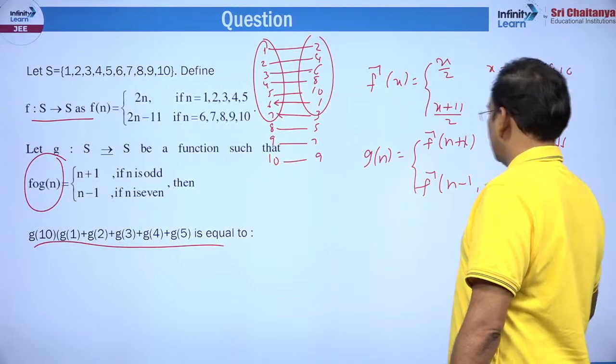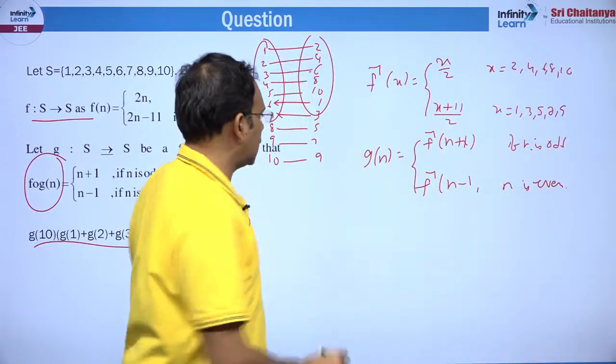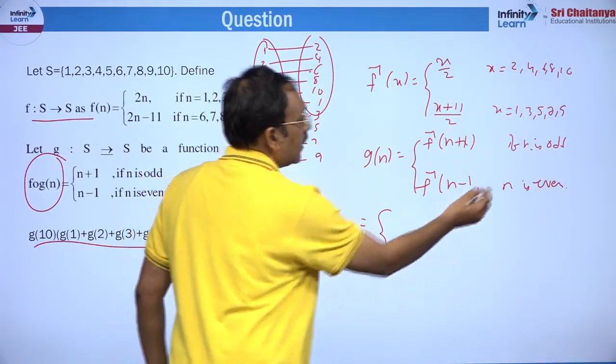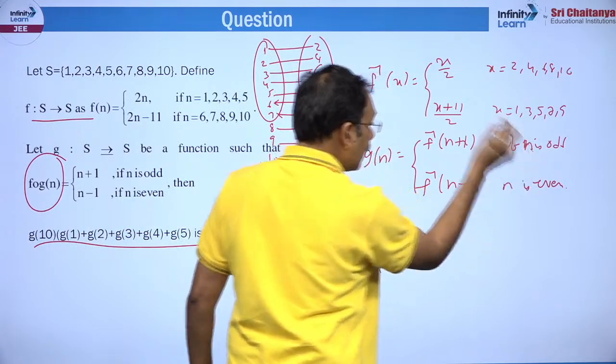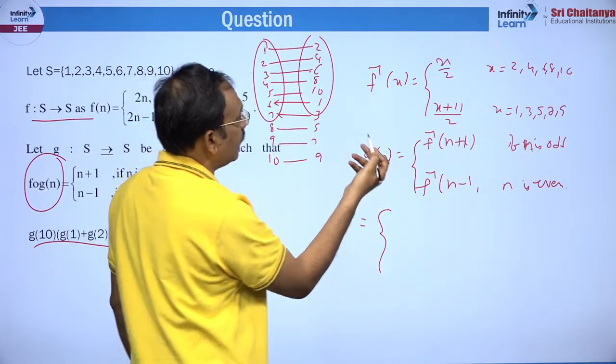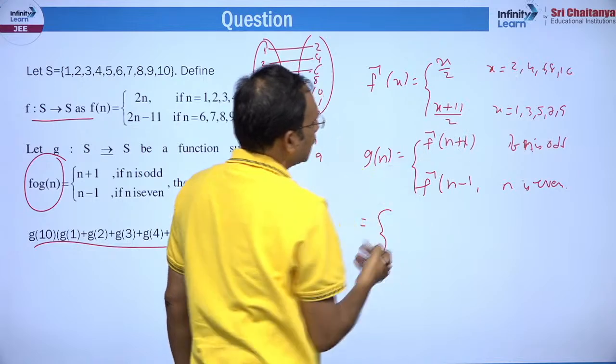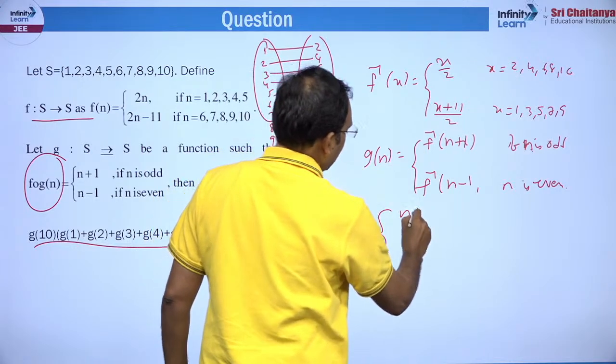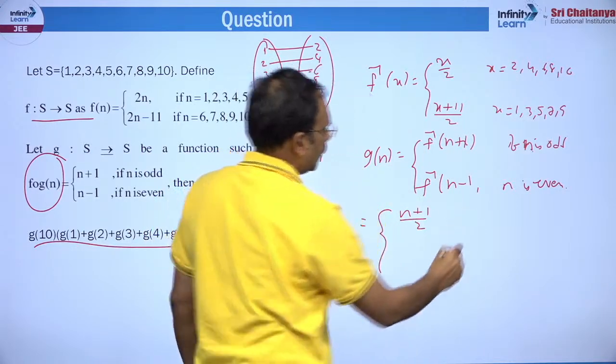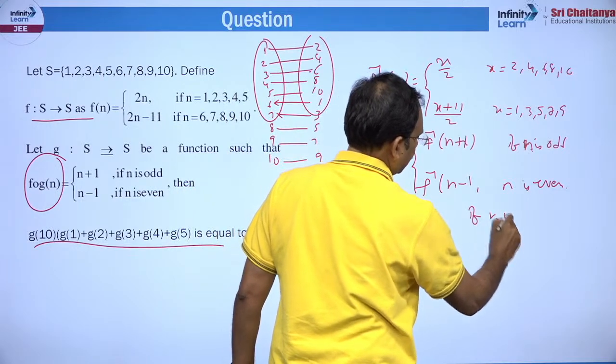This is the thing. Now my dear friends, suppose n is odd, n plus 1 is even, f inverse of even numbers is x by 2, so you will get n plus 1 by 2 if n is odd.